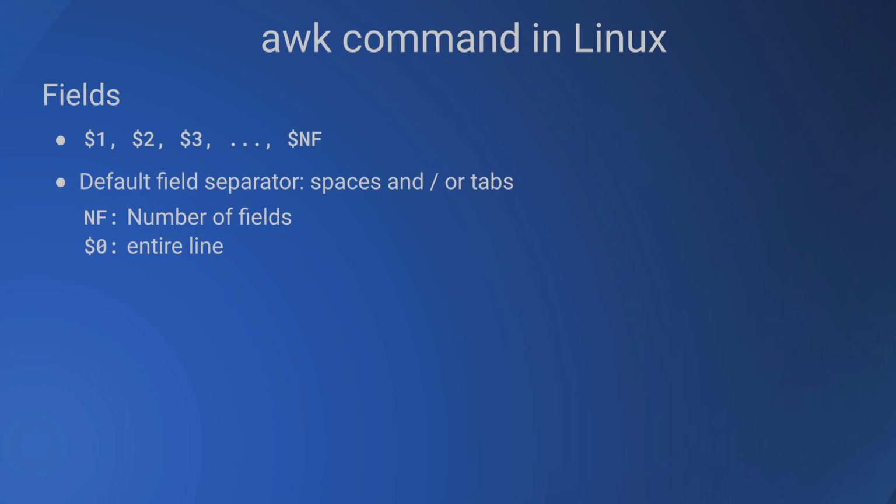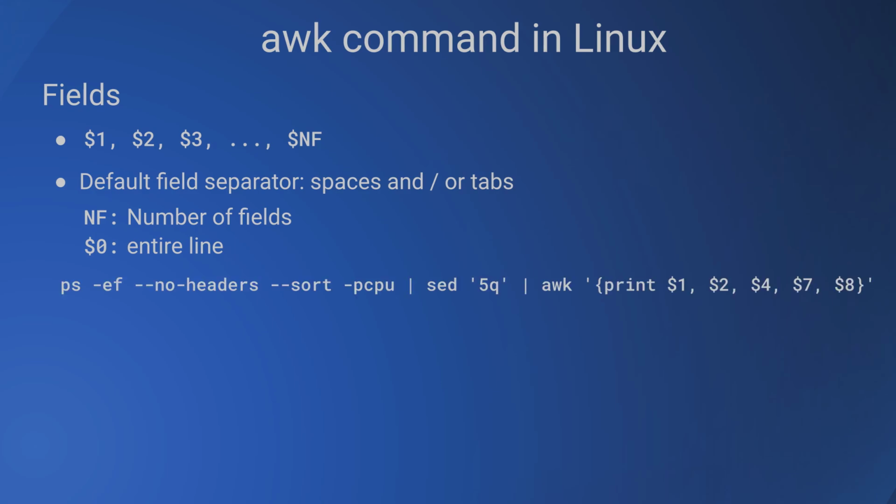The variable NF contains the number of fields in a line, and $0 is the entire line of input. Suppose you wish to print the top 5 processes with maximum CPU utilization, you can say ps -ef --no-headers --sort -pcpu | sed '5q' | awk '{print $1, $2, $4, $7, $8}'.